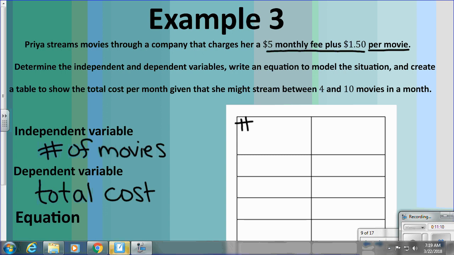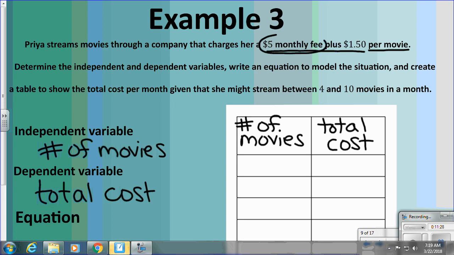So again, we're going to move those independent and dependent variables into our titles. And then we have our total cost. Now, why this is a two-step equation, it's because of this $5 monthly fee. No matter what happens, Priya is paying $5. So I'm just going to give total cost a C for my variable, and movies an M. Again, you can use any variable you want.